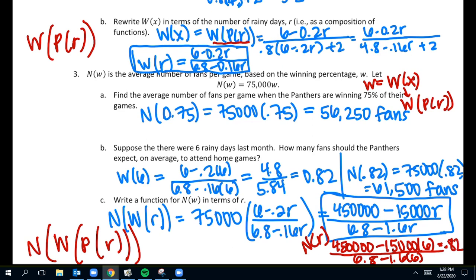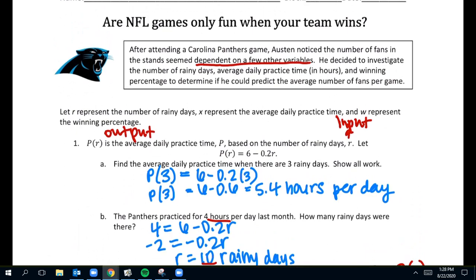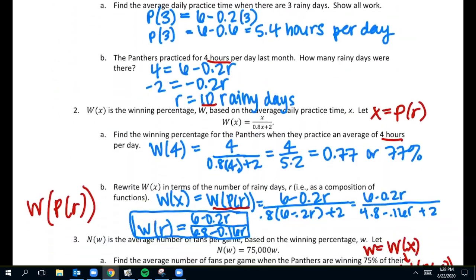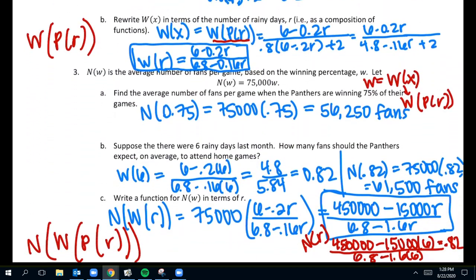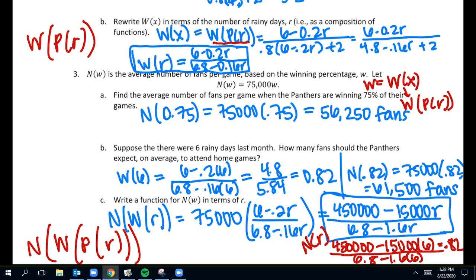So modeling compositions is just taking compositions that you learned the other day and then giving them a context. So if one thing has to happen in order for the next, and then the next and the next, then we can write it like a composition like this scenario.